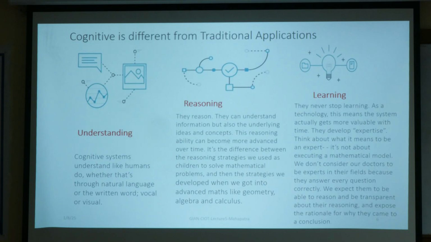Now, let's understand the three terms. Cognitive is different from traditional applications. What is understanding? A cognitive system understands like humans, whether that is through natural language processing, written words, speaking, or showing an image.